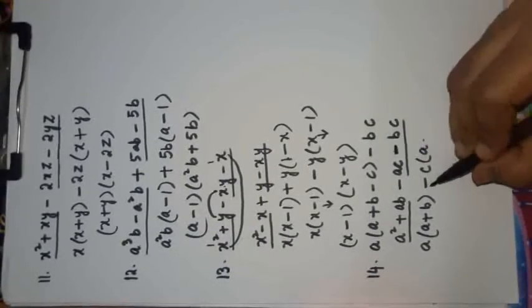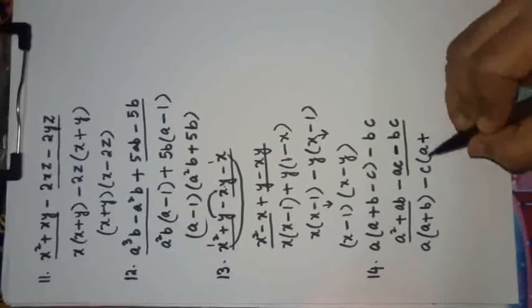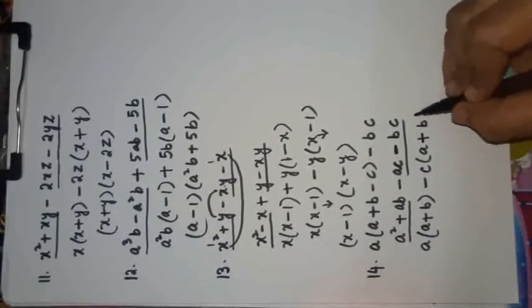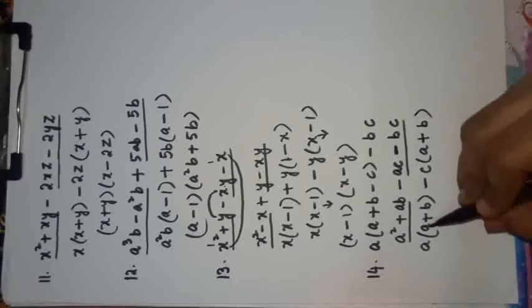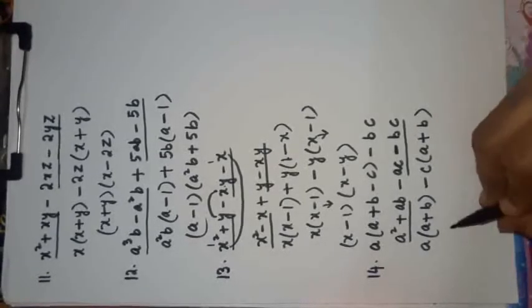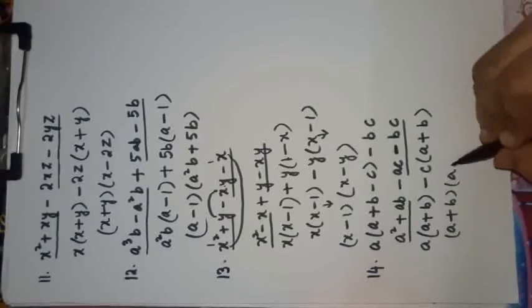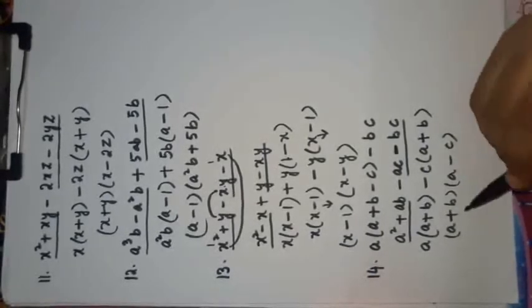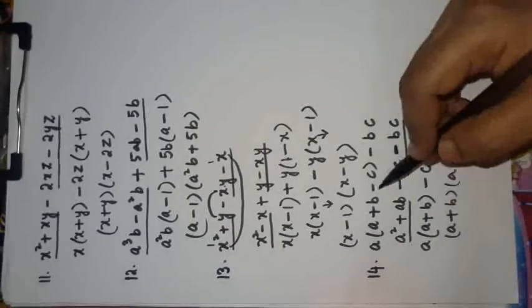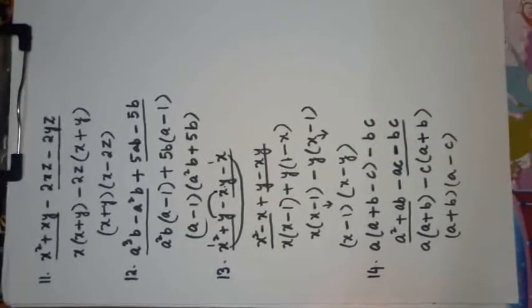Here minus you should get, so in that case you have to take plus over here, so here b. So a minus c, a plus b, so this a plus b common outside of the bracket and here a minus c. So you can say that a plus b and a minus c are the factors of this given expression.